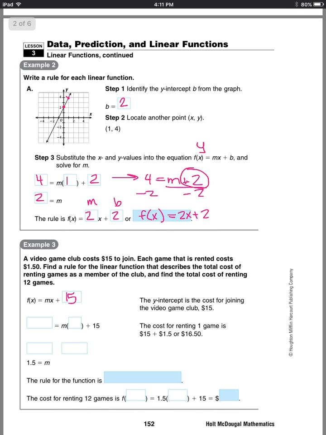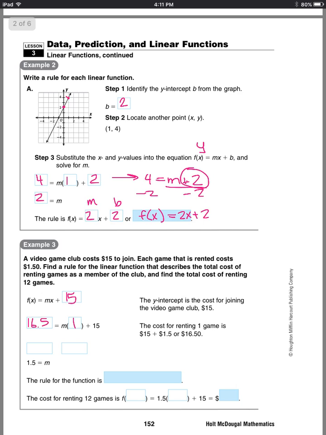Okay? So, then the cost of renting 1 game is $15 plus $1.50, right? So we're going to substitute that here. $16.50 is the cost of 1 game.